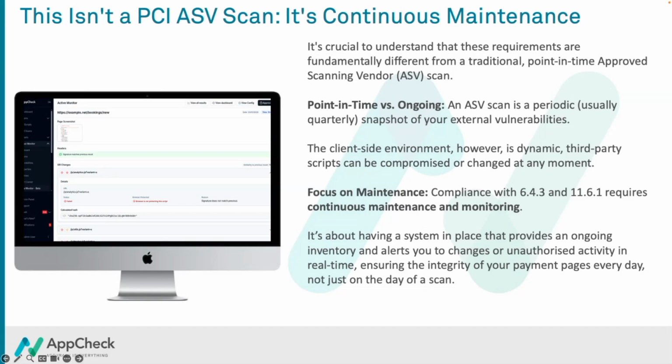We're talking about dynamic change in third parties, where this change can happen at any moment. The compliance here is that we want to be doing continuous monitoring. It's about having a system in place that provides ongoing inventory, and alerts on any unauthorized activity in real time, to monitor that integrity.